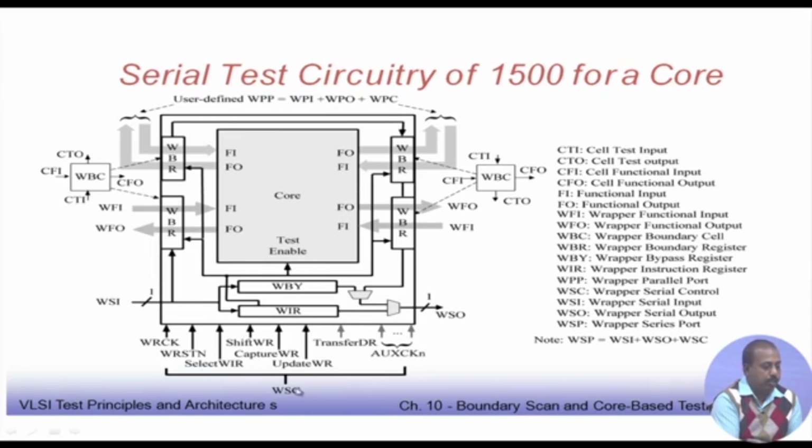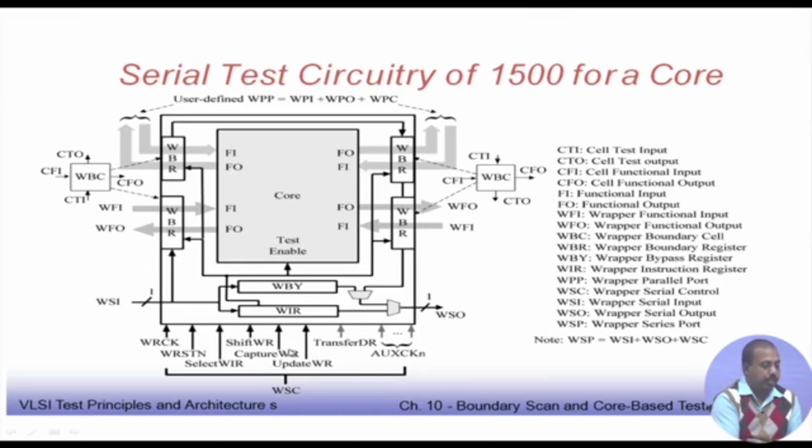Then we have the wrapper serial control port, which has a number of inputs like WRCK, which is basically the wrapper clock. Then there is reset, so we can do a reset, or you can select WIR, to select the instruction register, or shift WR. These are the various operations: shift, capture, update, transfer.